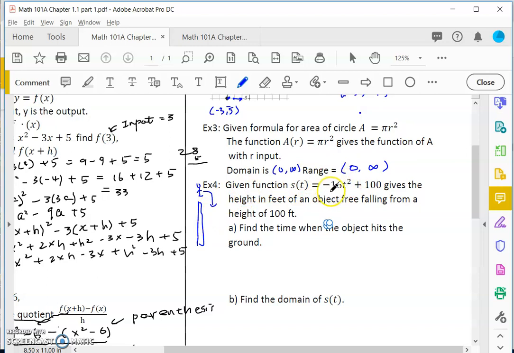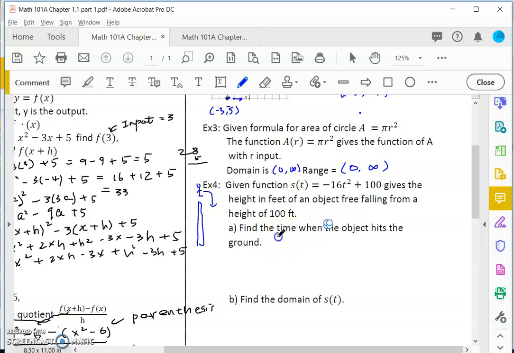The reason I have a negative 16t squared is because of gravity. The 100 is how tall the object is in the beginning. So first we use this formula: S of t equals negative 16t squared plus 100 gives us the height of the object after it falls for t seconds. Okay, so we'll find the time when the object hits the ground.